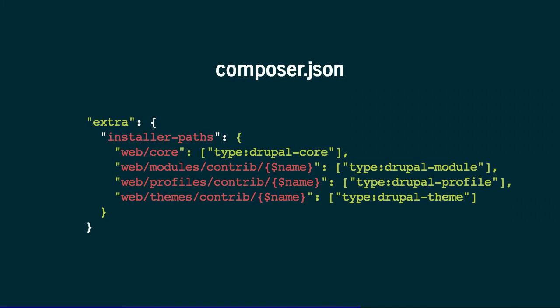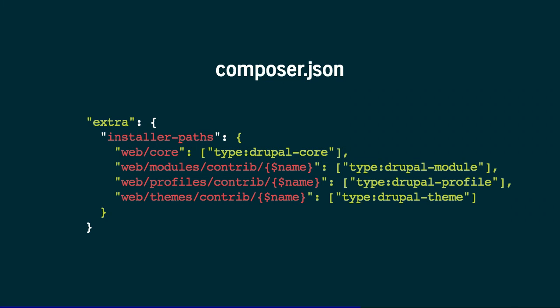Within the same definition of the composer.json file that I get from the Drupal composer project, I have the extra section where I have the installer paths. In this installer paths section is where we define where the Drupal module, Drupal profile, or Drupal theme types of packages will be installed when running Composer install or Composer update, right?